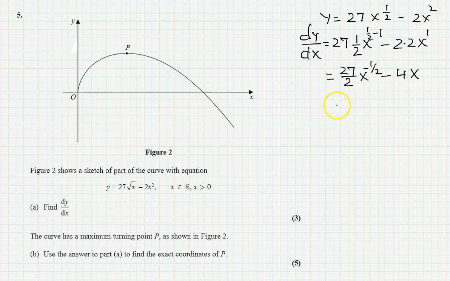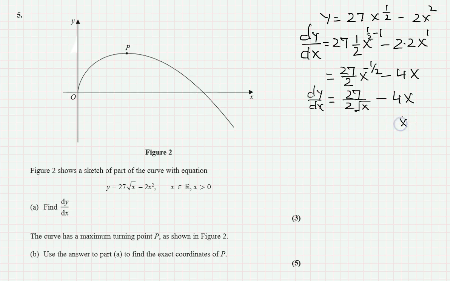You can leave your answer like this, or you can also write dy over dx like this, because the question is in root form. You can also write it as 27 over 2 x to the power minus half. It will become x to the power half, it is root x, minus 4x.